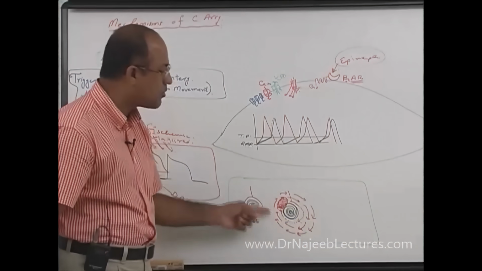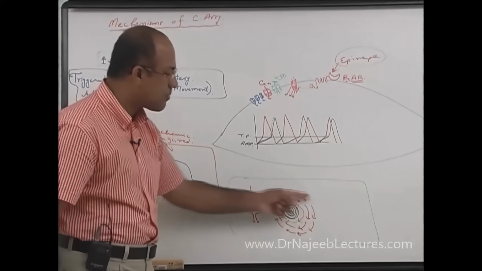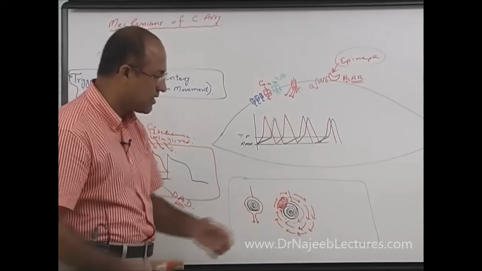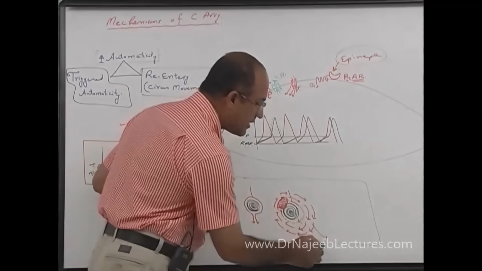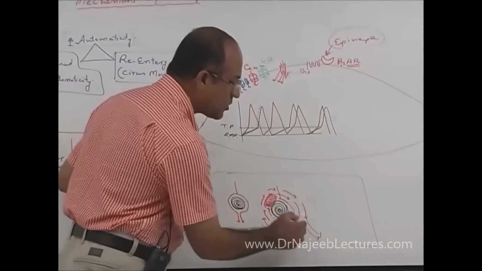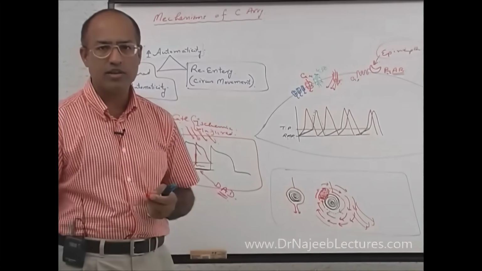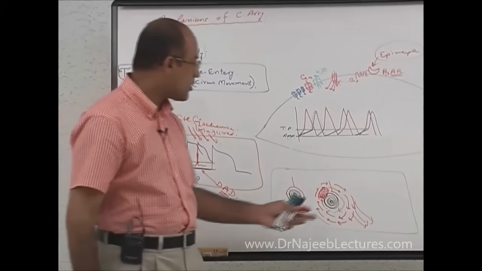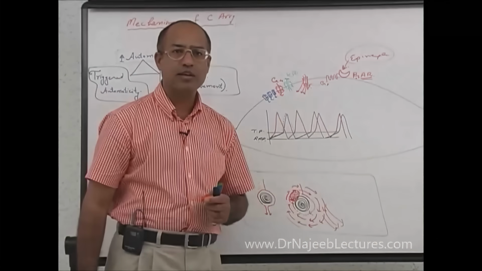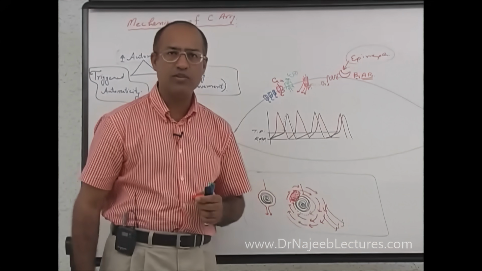If it keeps moving around that area rapidly, this is called circus movement. It will keep on throwing cardiac impulses with every circle to the rest of the heart, and tachyarrhythmias will be generated. This is one of the mechanisms by which tachyarrhythmias are generated in patients with ischemic heart disease.